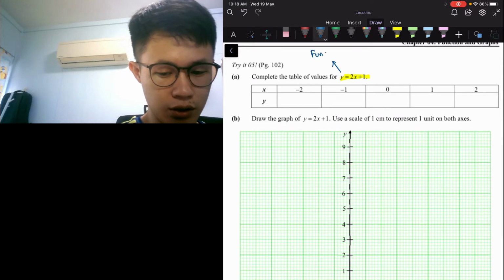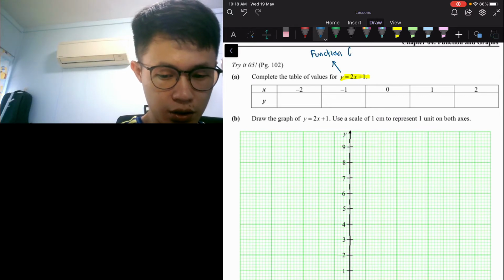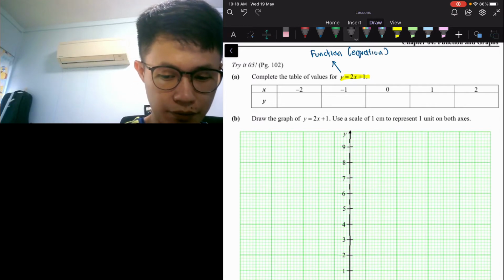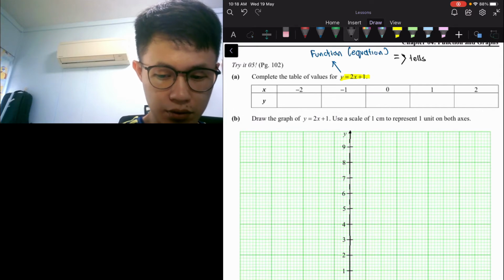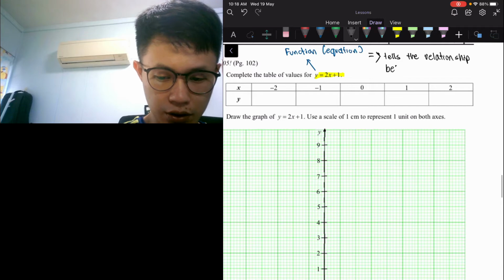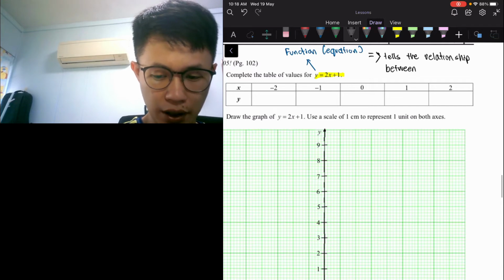A function, you can say that this is an equation as well. You have seen an equation before. So it's an equation, and this equation tells the relationship between y and x.